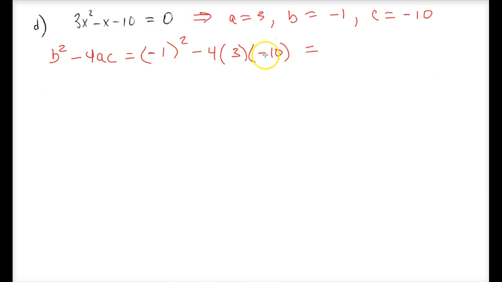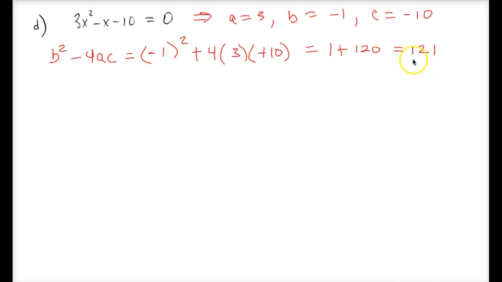The negative times the negative ends up being a positive, and negative 1 squared is positive 1. So we have 1 plus 4 times 3, which is 12, and 12 times 10 is 120. So we end up with 121, okay?